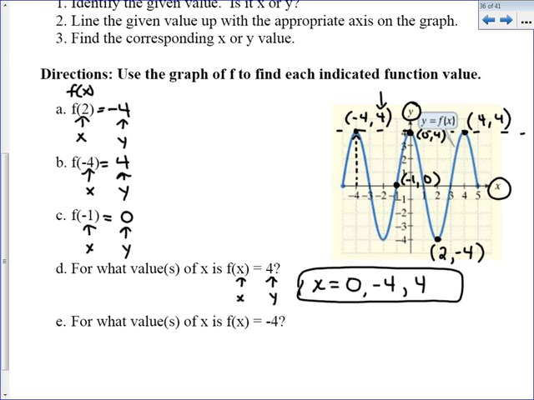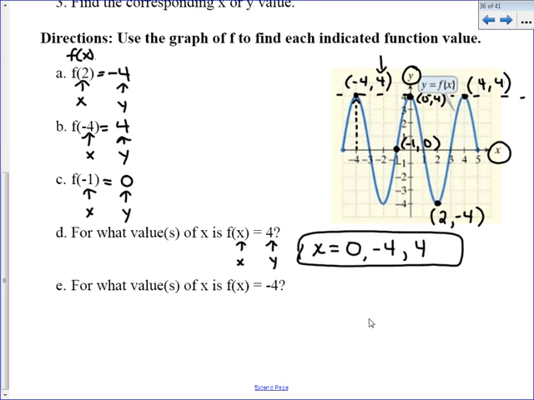So for E, for what value or values of x is f of x equal to negative 4 now? So am I given the x value or the y value? The y value. It asks you to find the x value, so we have to have the y value. So how many points on this graph have a y value of negative 4? 2.